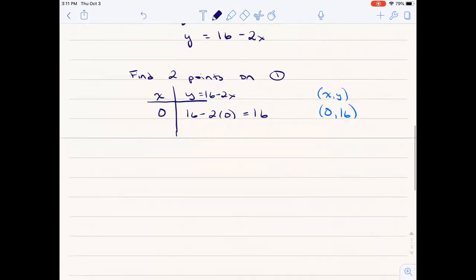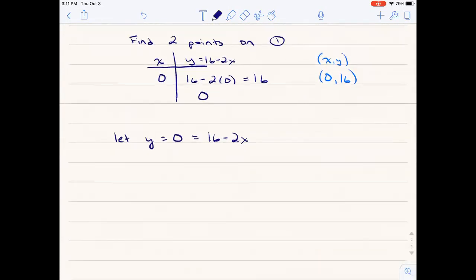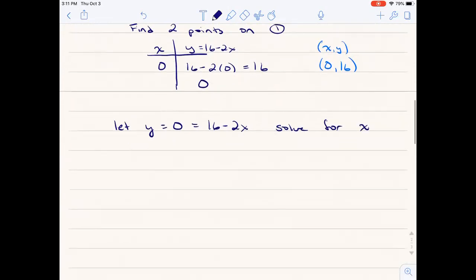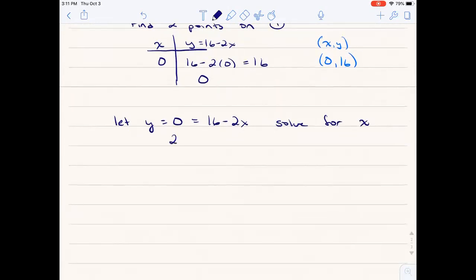So if we force y to be 0, 0 is 16 minus 2x, and solve for x, we get 2x is 16, so x must be 8, 16 divided by 2.